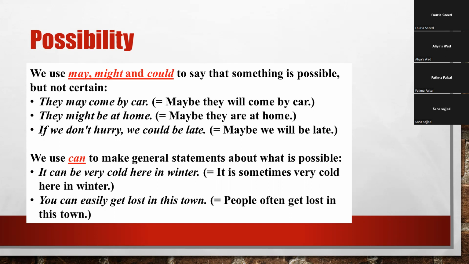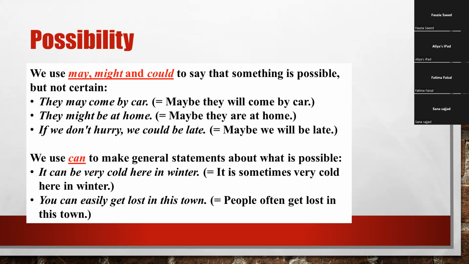So you are saying they may come by car. It's a possibility. You can use the modal verb may in your daily life where you are not sure, to talk about a possibility. They may come by car. It means that maybe they will come by car. They might be at home.